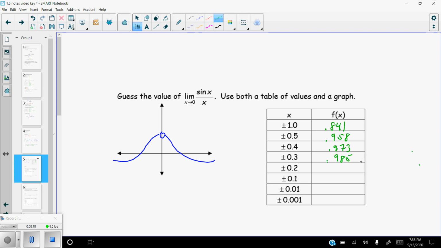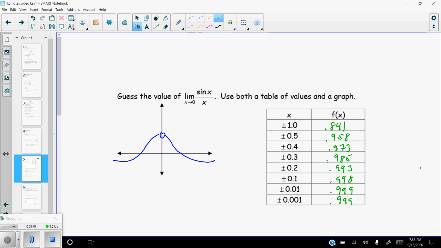And as we start getting closer and closer, I'm just going to start filling in these values. And hopefully that will confirm what maybe you already thought the values were approaching. Obviously 0.001 is very, very close to 0. So it looks pretty obvious that the values here are approaching 1.